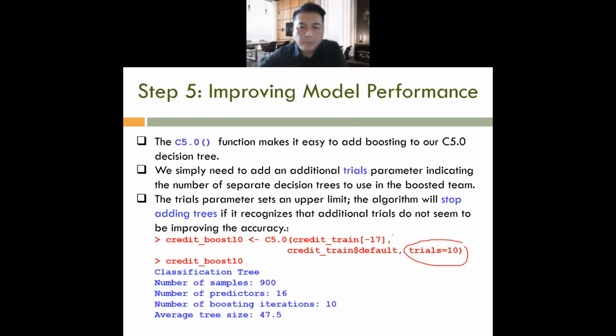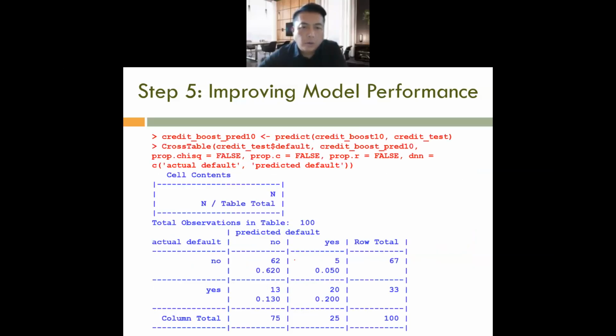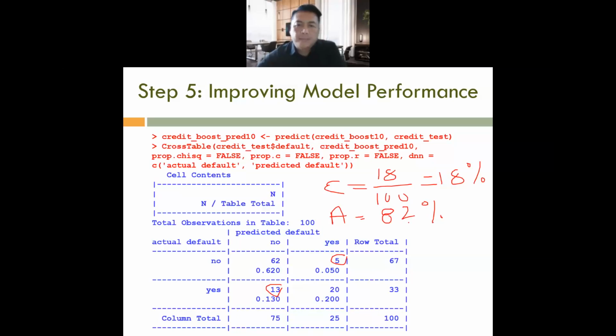Okay, so when you perform this, you are looking at 10 trees. Okay, so if you look at the performance here, the number of errors has been reduced. So this is 18, 100. So this is your error. Okay, 18%. So your accuracy will be 82%.